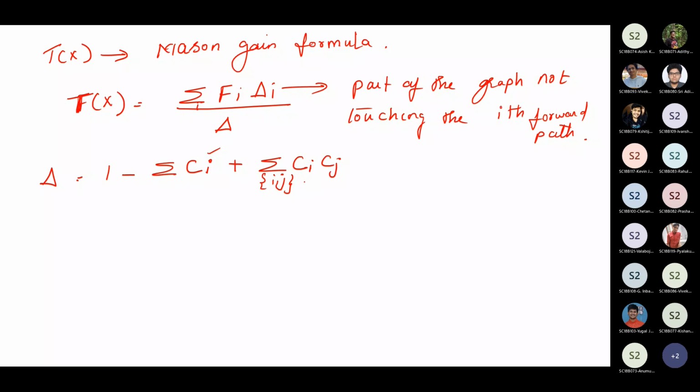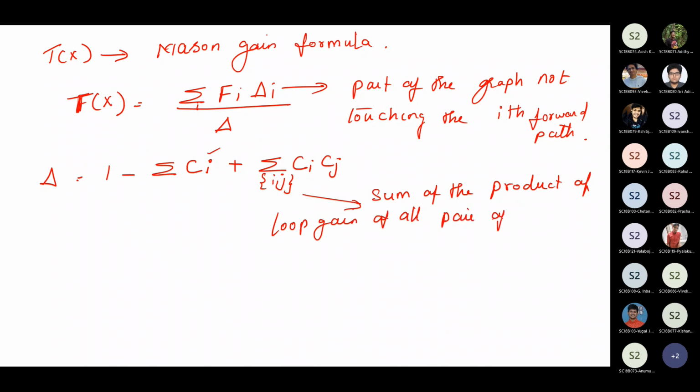Sum of the product of the loop gains of all pairs of non-touching loops. Then the next one will be minus the sum of the product of the loop gains of 3 non-touching loops. Like this it goes on.